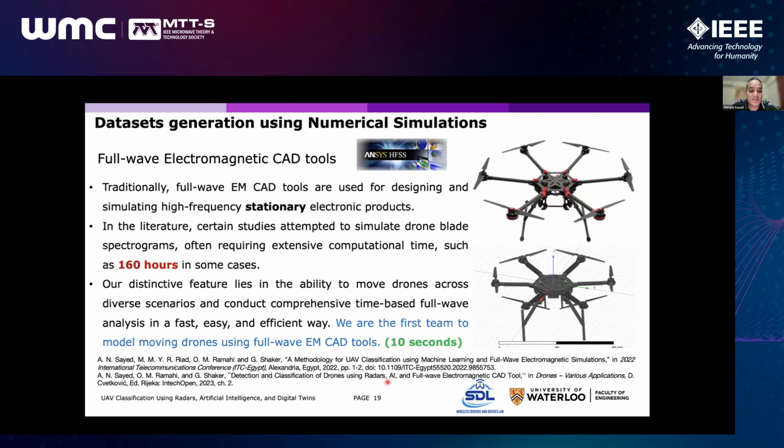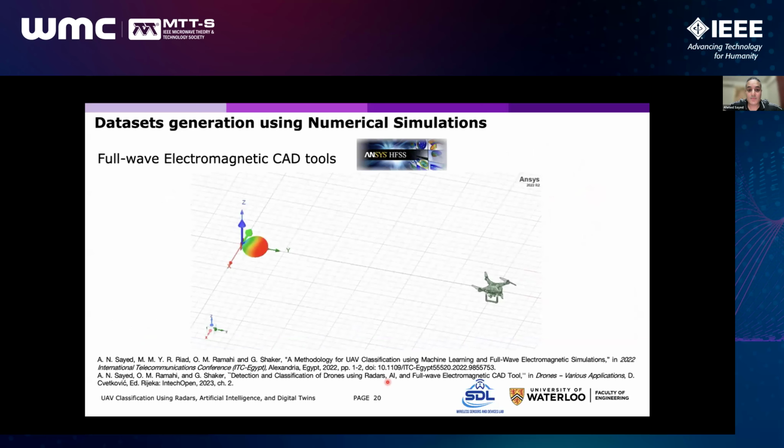We are considered the first team to model moving drones using full-wave EM-CAT tools. In our method, our simulations took around 15 to 30 minutes with a normal PC, depending on the simulation parameters. But by adding just one GPU to this PC, our simulations took less than 10 seconds.